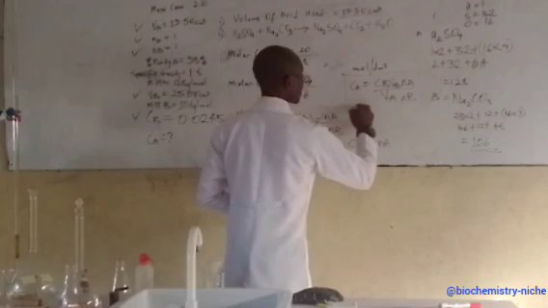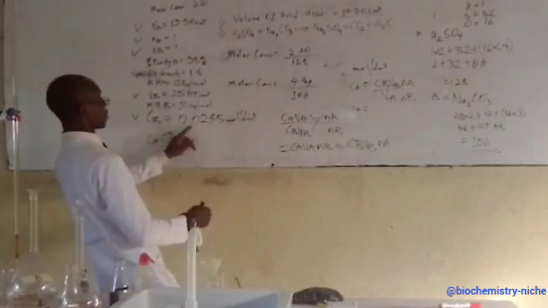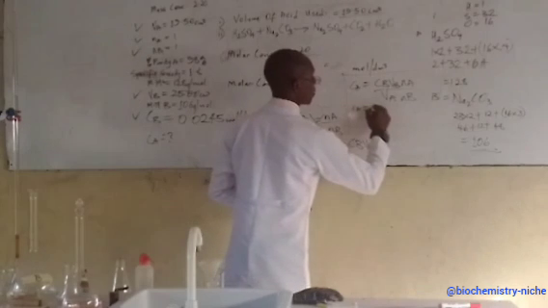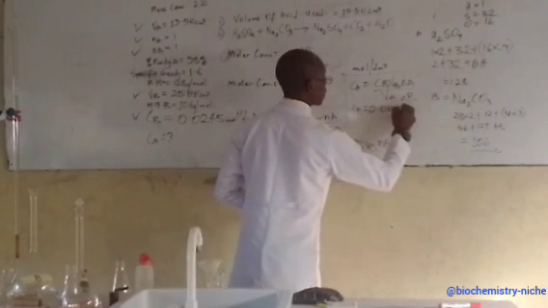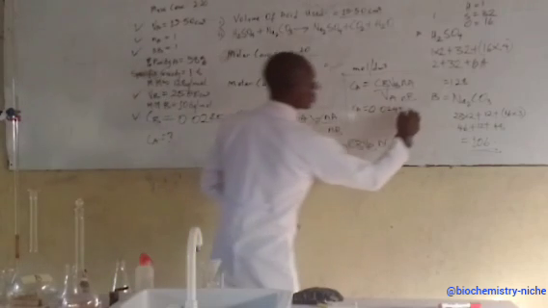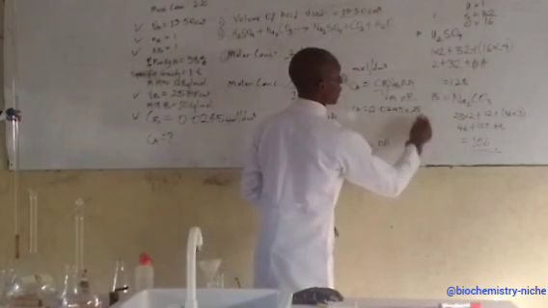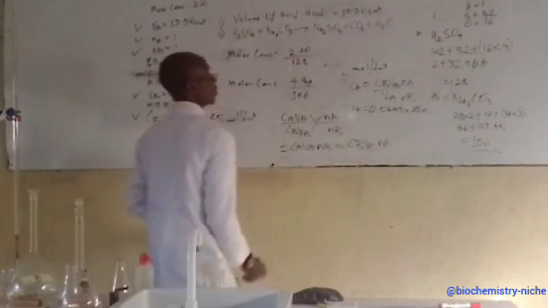So our Ca is what we are looking for. We have our Cb, concentration of base, to be 0.0245. So we have 0.0245 multiplied by our Vb, volume of base, which is 25 centimeters cube. So we can just write 25 times the number of acid.